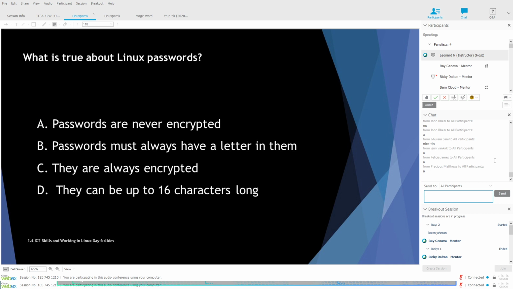All right, what is true about Linux passwords? Do you guys think they are always encrypted?